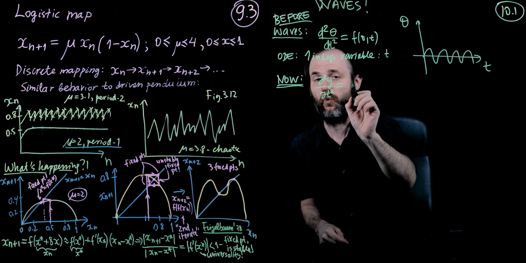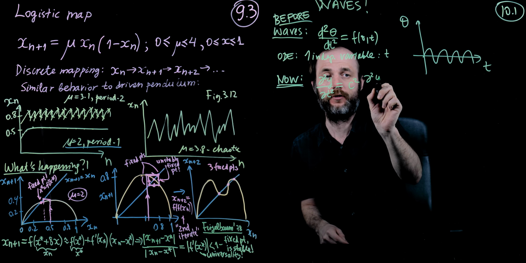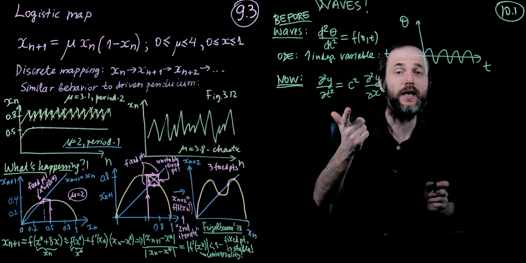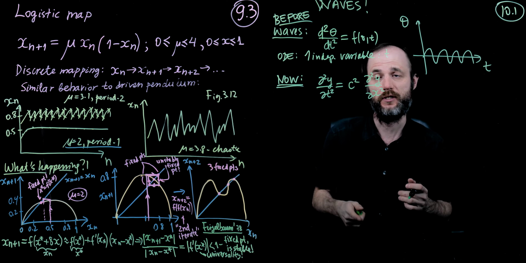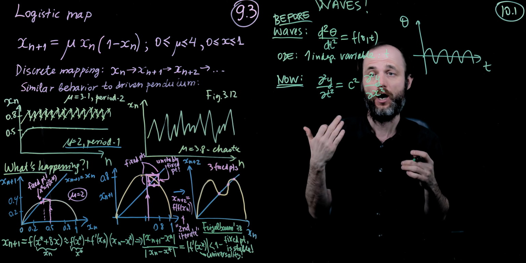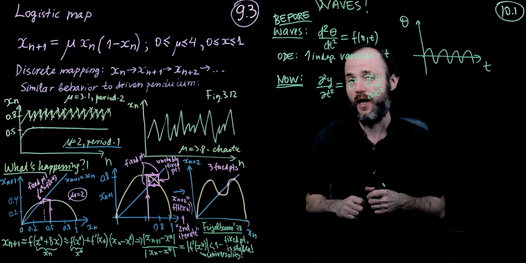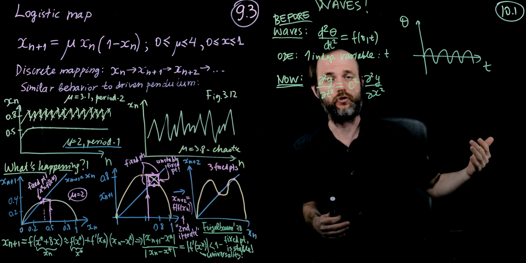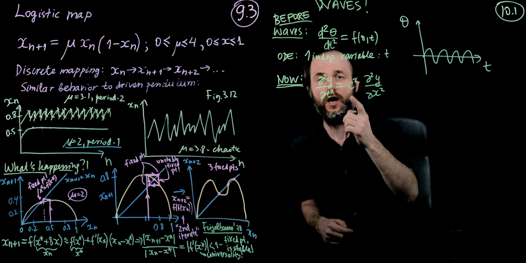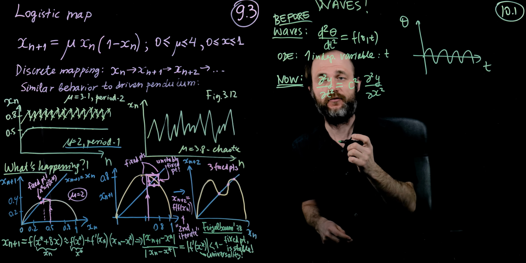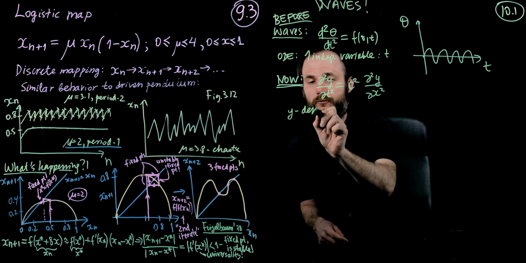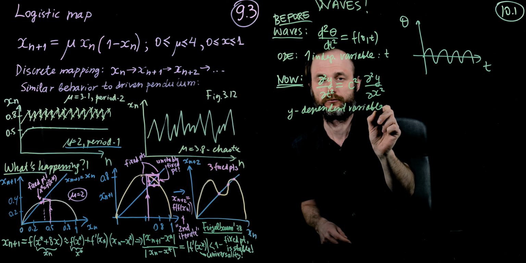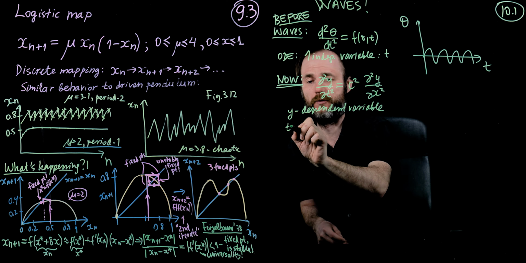So the second derivative of y with time will be given by the second derivative of y with space times the speed of the waves squared, as we will see in a second, but for now it's just a constant that is stuck in here. And so you see here that y, which is going to be the vertical displacement of the string through which we're sending the waves, is our dependent variable. And t and x are independent variables.